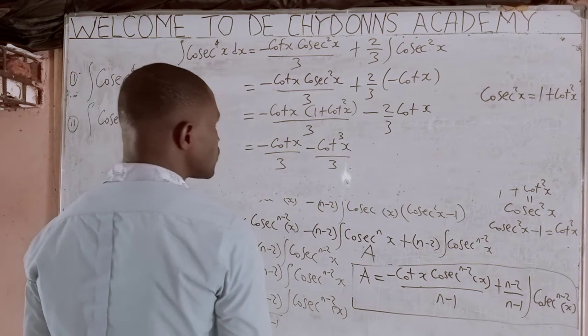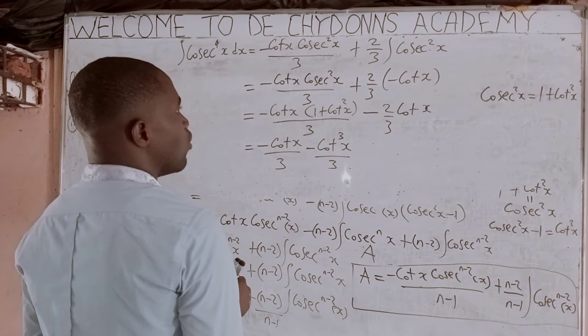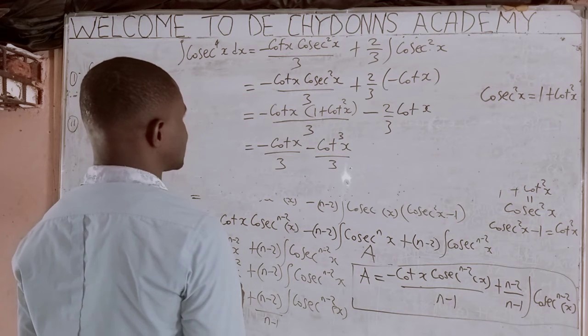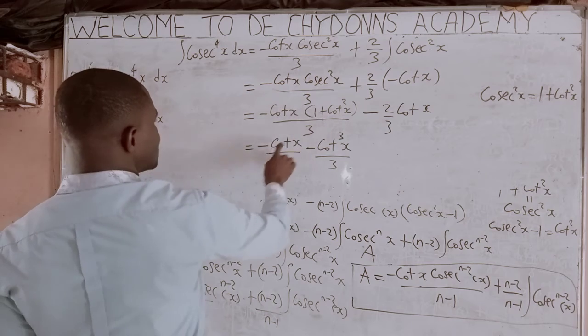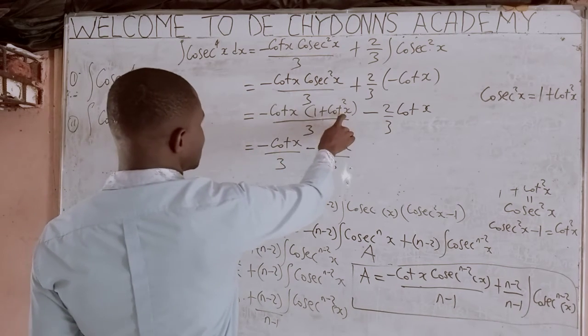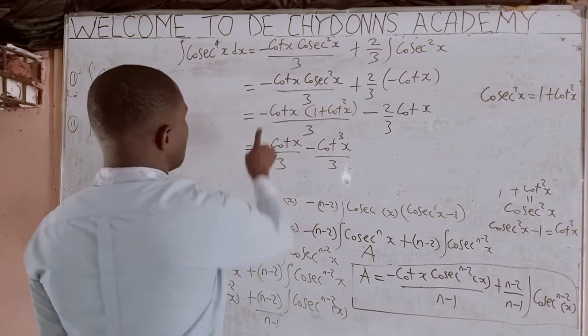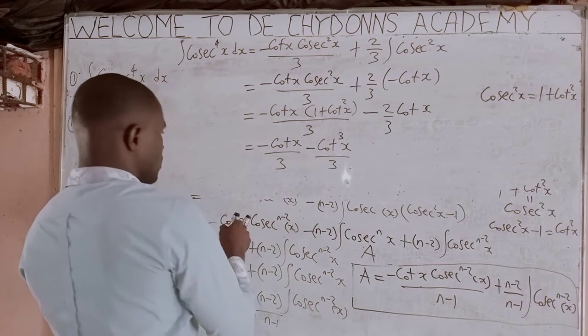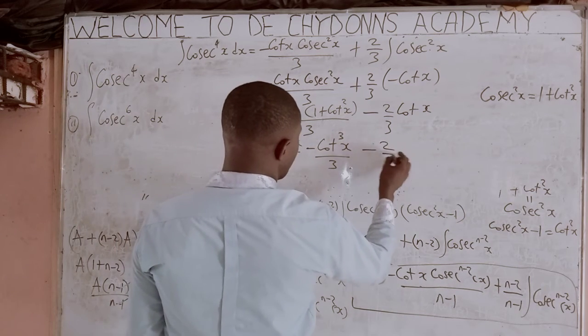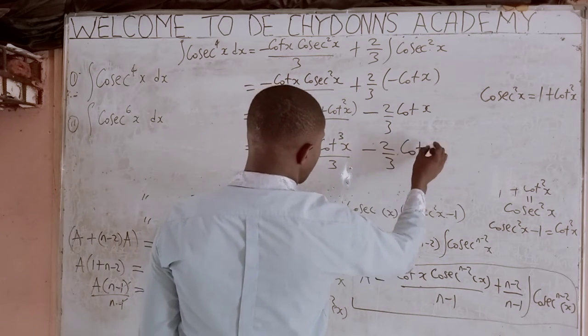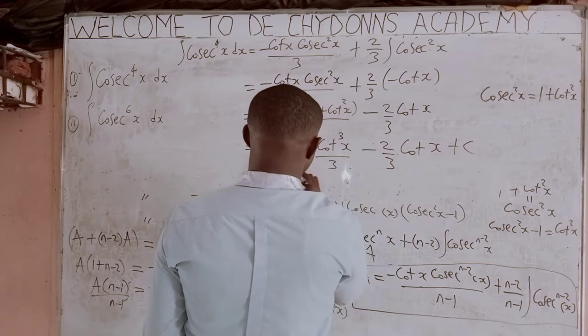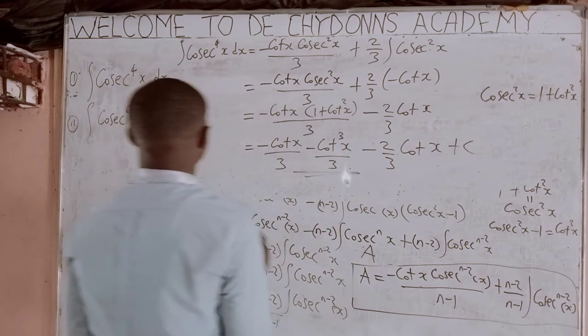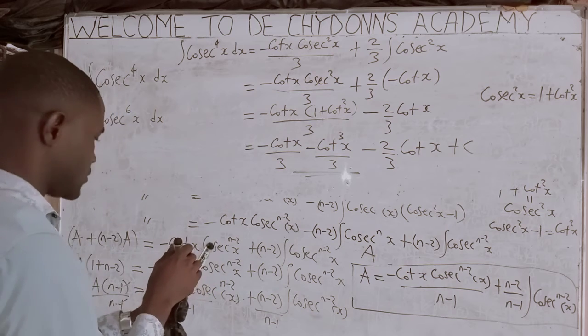So minus times plus is minus, then minus 2 over 3 cot x plus c. So that is your answer for the integration of this.